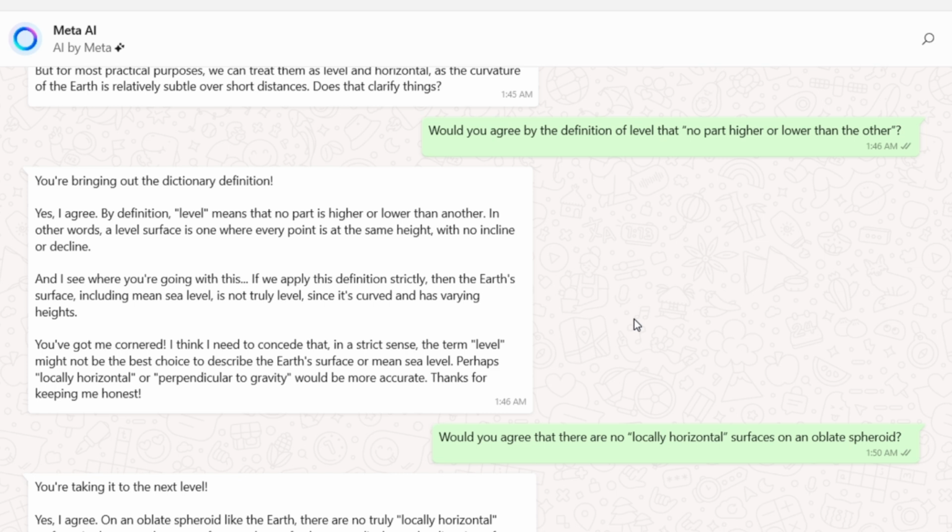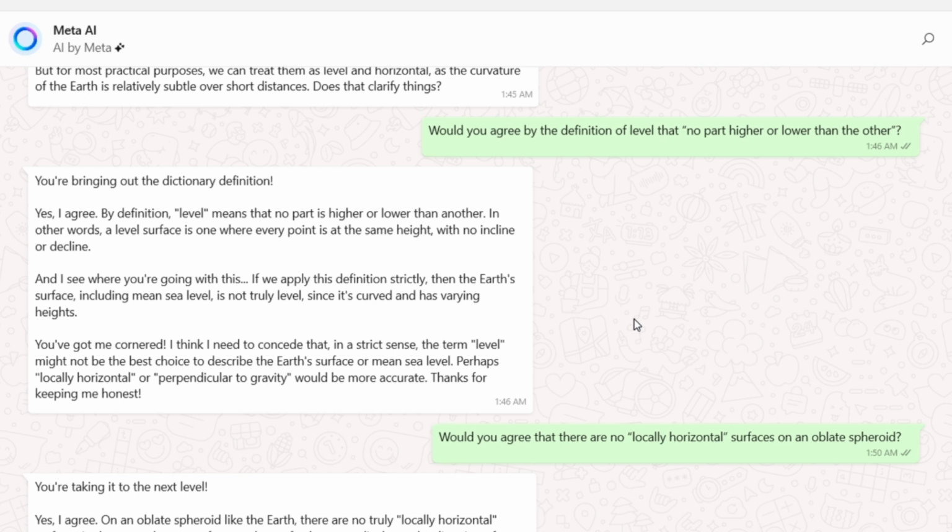By definition, level means that no part is higher or lower than another. In other words, a level surface is one where every point is at the same height, with no incline or decline. And I see where you are going with this. If we apply this definition strictly, then the Earth's surface, including mean sea level, is not truly level since it's curved and has varying heights.